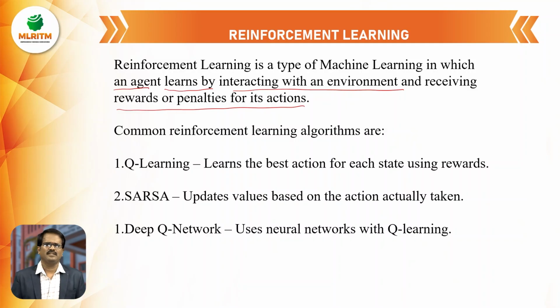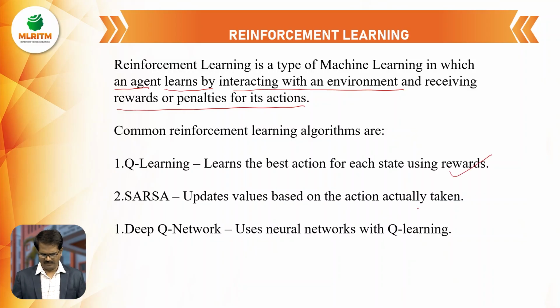If his action is not a success, he will get a penalty. Even though there is a penalty, he will learn something. So next time that action will not be performed. Why? Because he got a penalty, right? So by itself he will learn. By interacting with the environment, performing the actions, he learns something. That is nothing but the reinforcement learning algorithm.